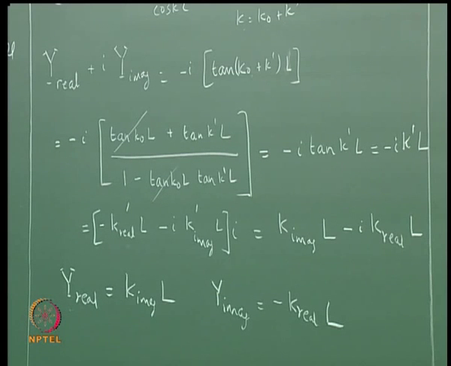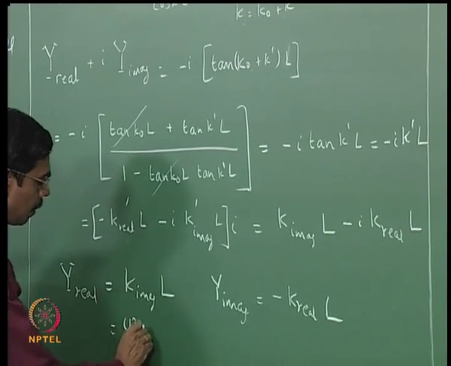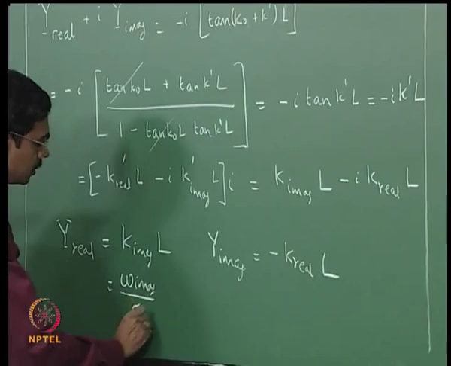So we wanted to first take a look at the growth or attenuation. So for that we need to look at the k imaginary, right. So k imaginary is nothing but omega imaginary over c times L.